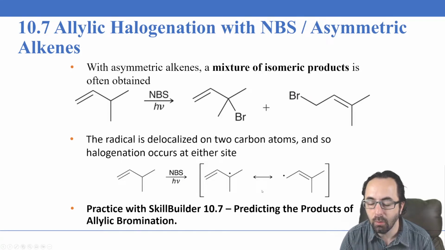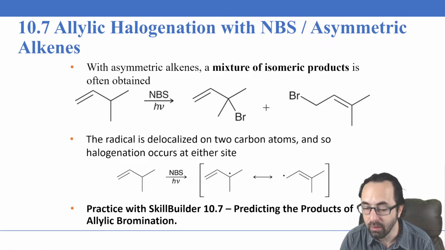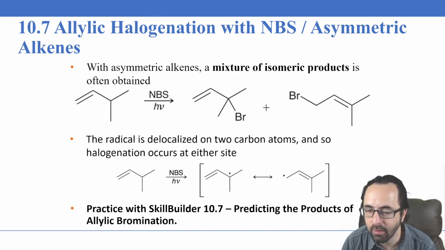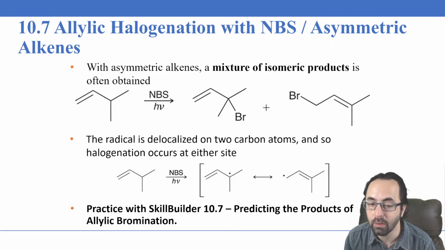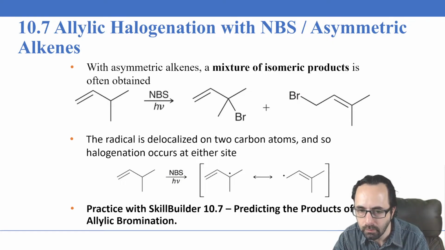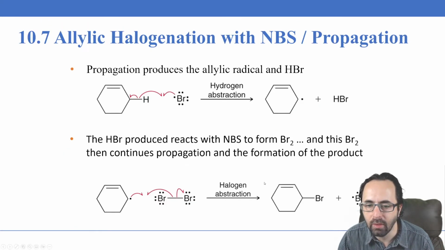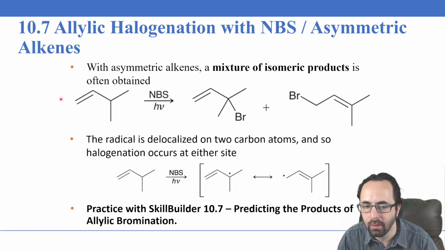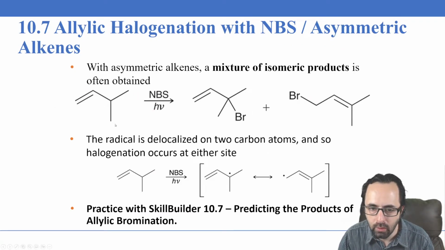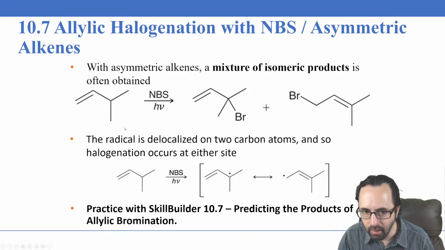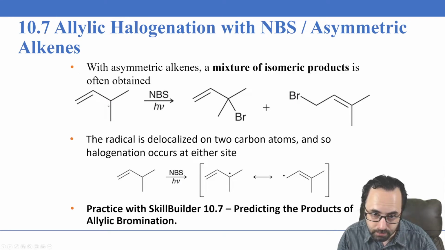Now, what I was mentioning before is that, given that we go through a radical intermediate, we do have to think about resonance and the fact that the radical can essentially move itself around. Here we have an asymmetric molecule, not like the last one, which was symmetrical. Let's say the first thing that happens is we get the hydrogen abstraction right here. We produce the tertiary radical. Well, there's also another stable radical.